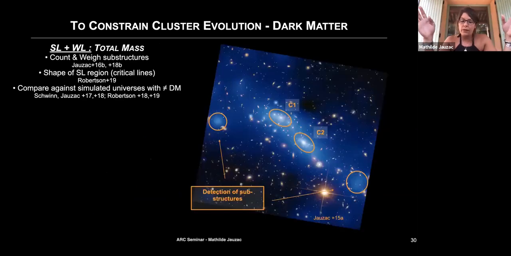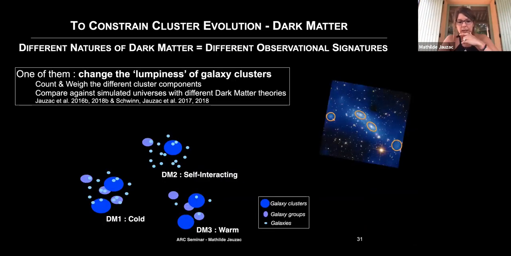Then you have other ways to probe dark matter using just the pure mass distribution, by looking at the shape of your strong lensing region in clusters. But I'm happy to answer any questions about that, and I'll just move on.